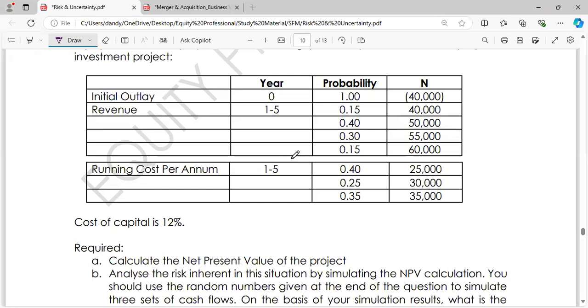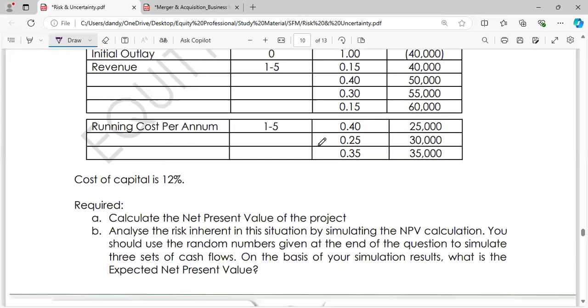In this case, the receipt is revenue, payment is running cost. So you multiply probability with the cash flow for both revenue and running cost. Then you use your expected value to compute NPV. That's what you need to do to satisfy the A requirements.